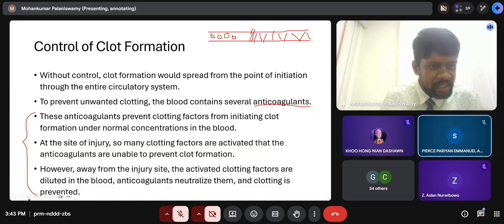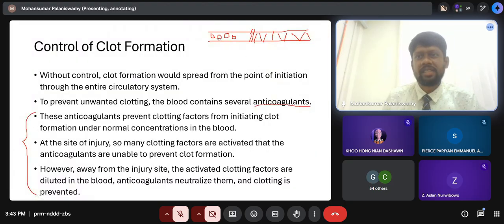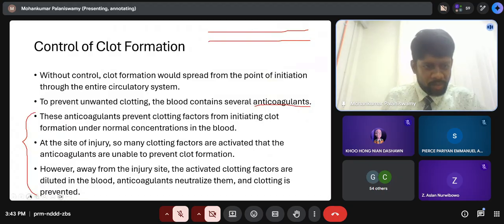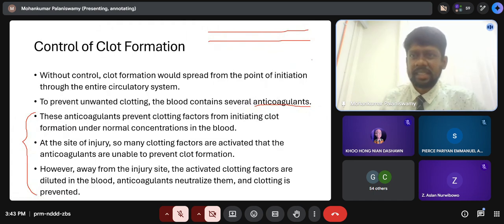Okay, so imagine this is the blood vessel, and inside the blood vessel we have blood which is flowing in this direction, right?